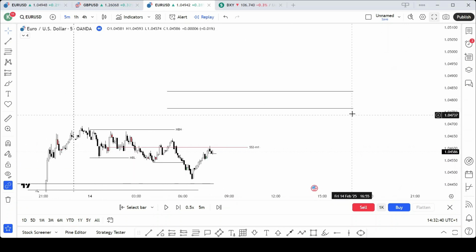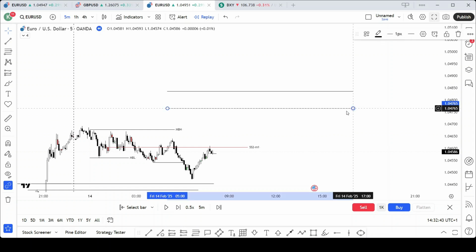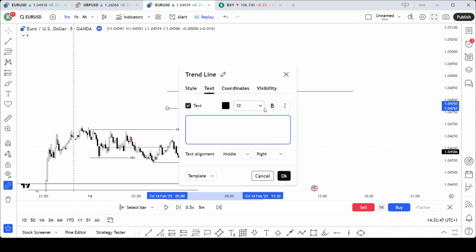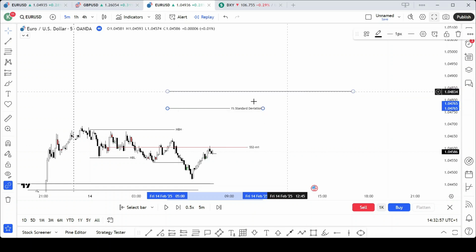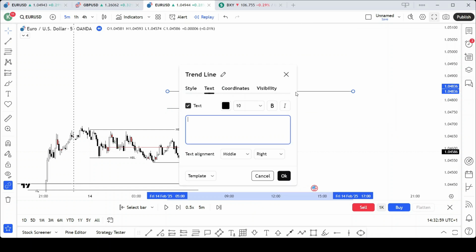So this is our standard deviation, so let's type that in. This is 1% standard deviation, and this is 2% standard deviation.